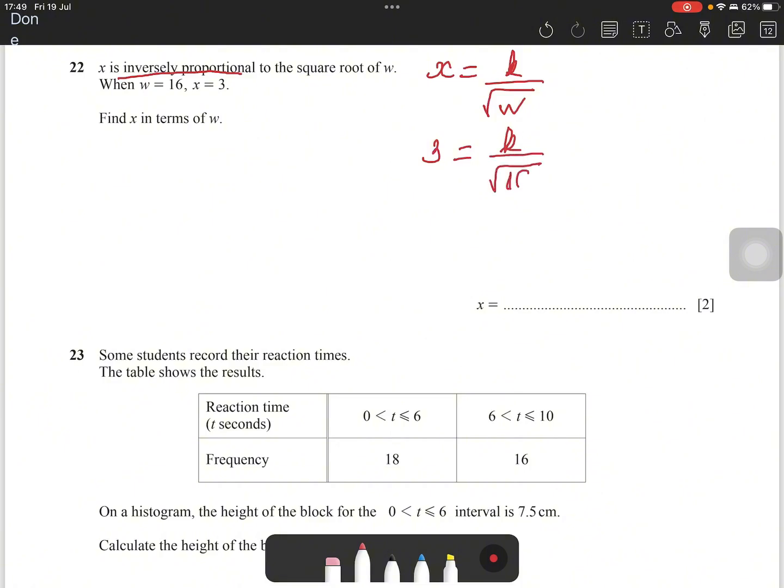Root 16 is 4. So this means 3 is equal to k over 4. Then k is equal to 3 times 4 equals 12. So to find x in terms of w, x is 12 over the square root of w.